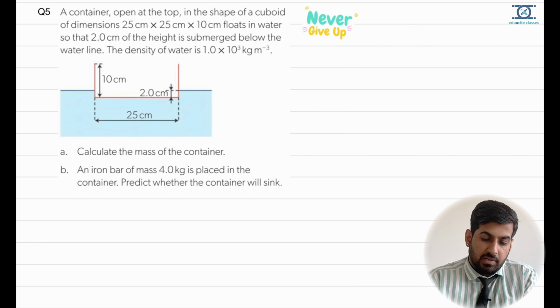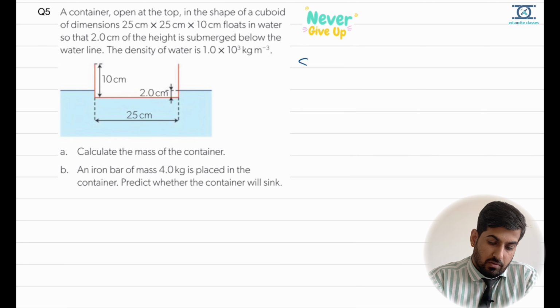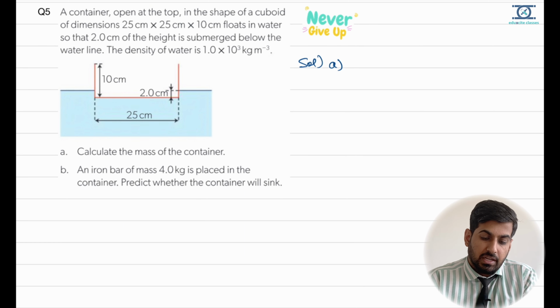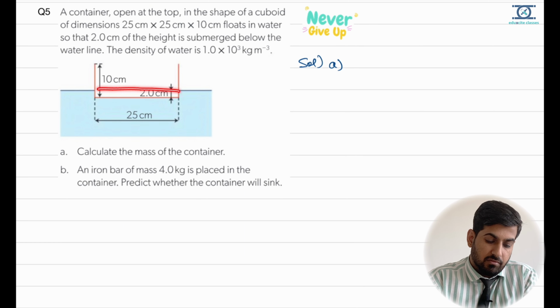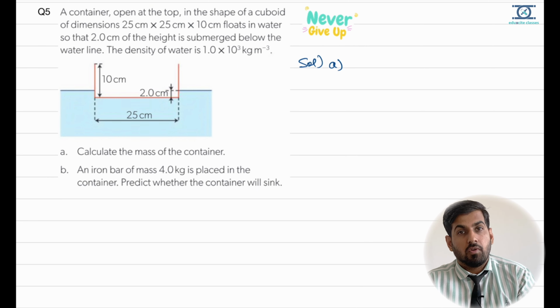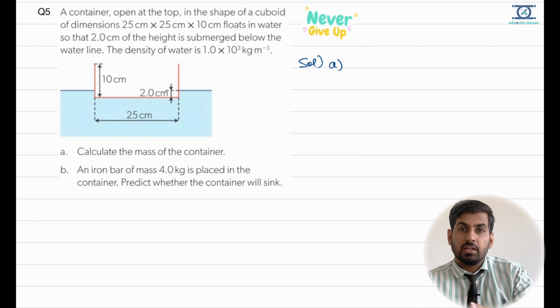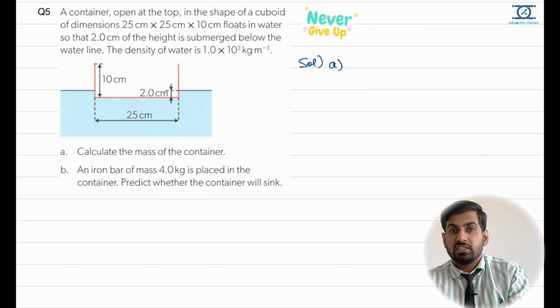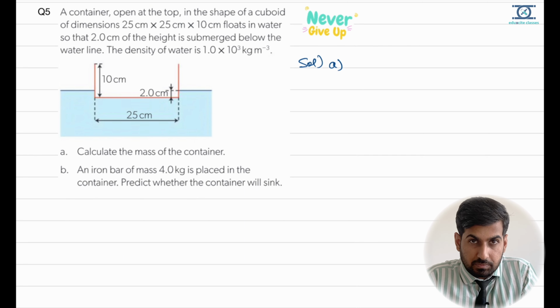Again, the same type of question. Calculate the mass of the container. Now if you solve part A, for the mass of the container, I can say that the weight will be equal to the weight of the water displaced, according to the Archimedes principle.